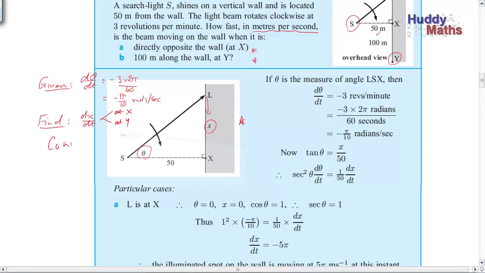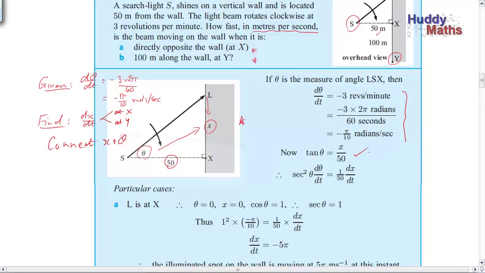So now we're going to connect the two quantities, x and theta, and then we'll differentiate. Let's look at the diagram. The tan of theta is, we'll use this one, opposite over adjacent, so that's a good one to use. One unknown only. We wouldn't use SL with the hypotenuse, because that would be another unknown, so we don't want that.